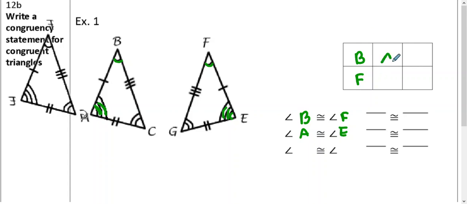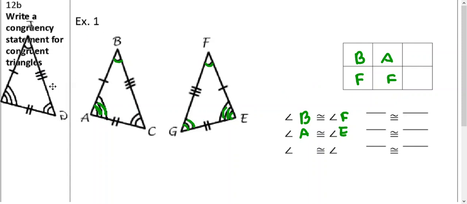So our next one would be A and E. And then our two angles here, two angles is G. And on our first triangle, it was C. So we have triangle BAC congruent to triangle FEG. Let's finish filling in our angles and sides. This is this angle that we're missing here. C is congruent to G.